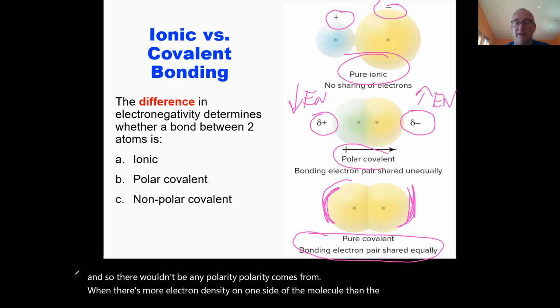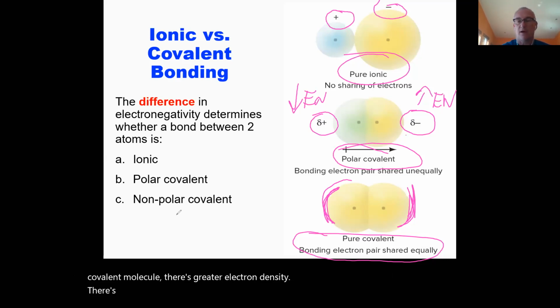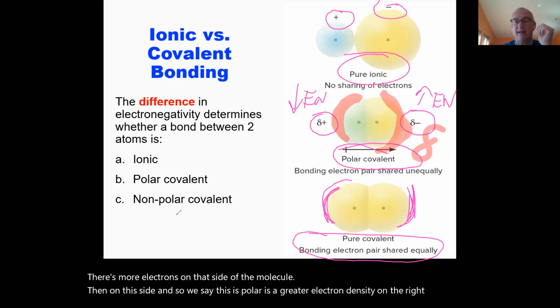In a polar covalent molecule, there's greater electron density on this side. There's more electrons on that side of the molecule than on this side. And so we say this is polar. There's a greater electron density on the right side, so it's somewhat negative.